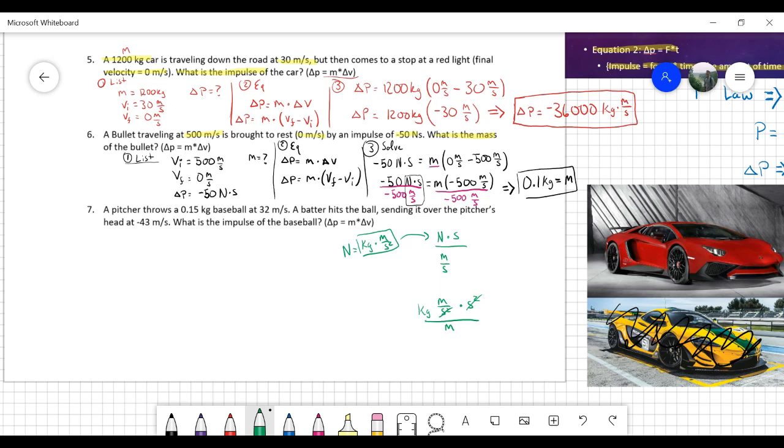Then we have a meter at the top of this fraction and at the bottom, so those cancel, which just leaves you with kilograms. So that's how you get kilograms out of this whole mess. But you don't have to worry about this kind of stuff. Just realize that if you're solving for mass, you should have kilograms. That's it. Simple as that. Don't worry about all this mess.